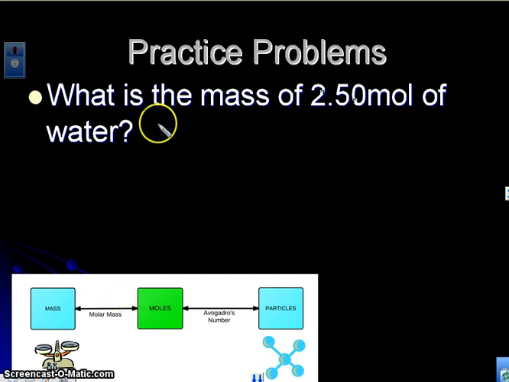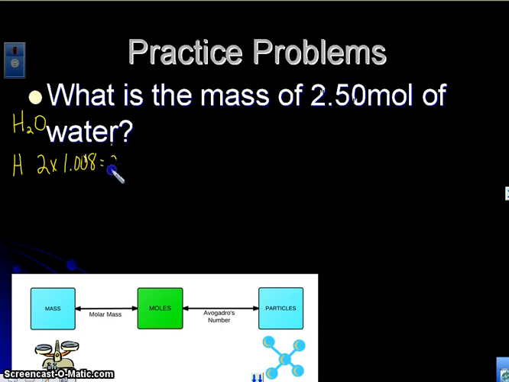So we know the formula for water. It is H2O. And what we need to do is add up the molar masses of each of the atoms in this molecule to figure out the molar mass of the entire thing. So we know that we have hydrogen. There are 2 atoms of hydrogen. And the molar mass of hydrogen, look it up on your reference table, is 1.008.